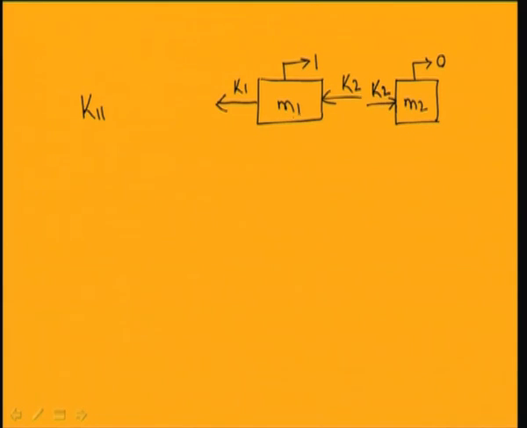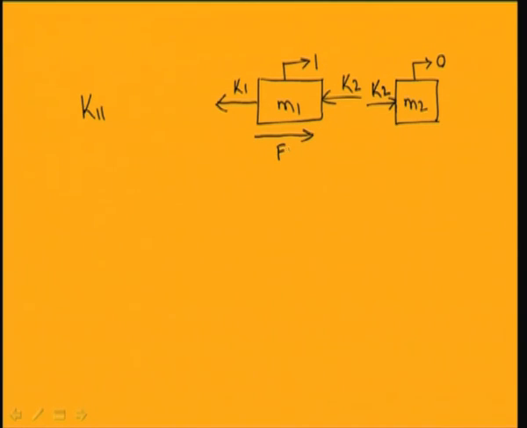Now for this case, K11 will be the force required at 1 to have unit displacement at 1 and displacement 0 at 2. To have unit displacement at 1, this mass is subjected to a force K1 plus K2. So, one has to apply a force K1 plus K2 to have this displacement.